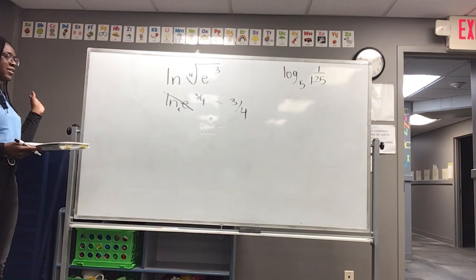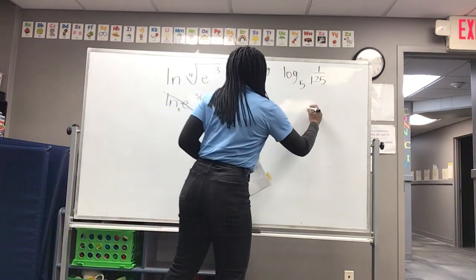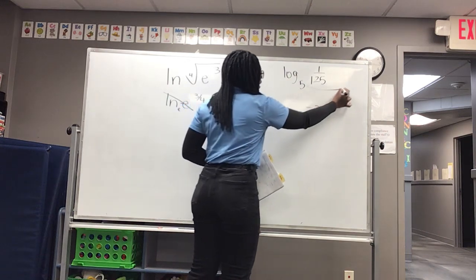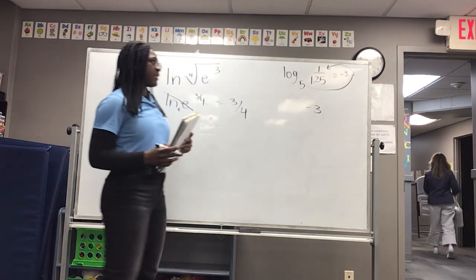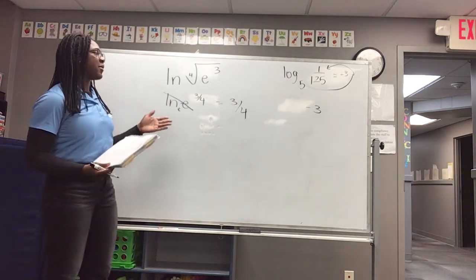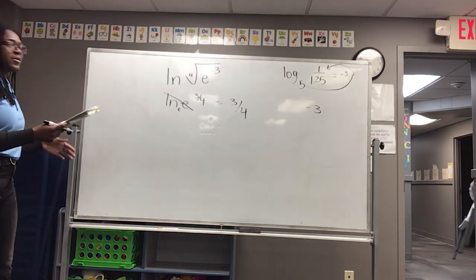Okay, does anyone want to call an answer? -3. Yep, -3. So this is the one where 5 to the power of -3 equals 1 over 125, and that's because with our negative exponents, we move it to the denominator. Okay, I'll have us do one more, and then we'll be done for today.